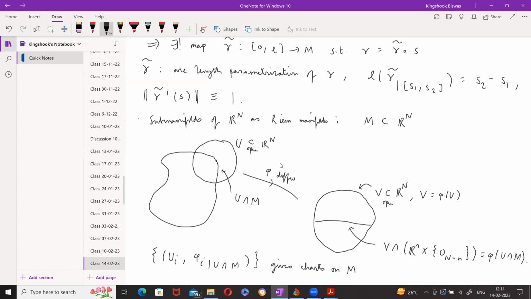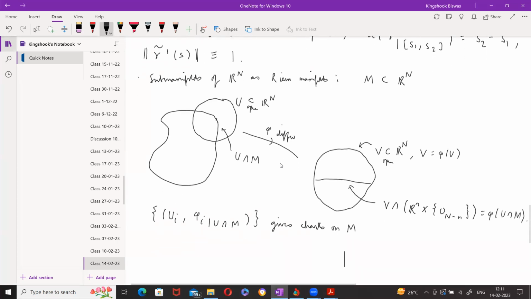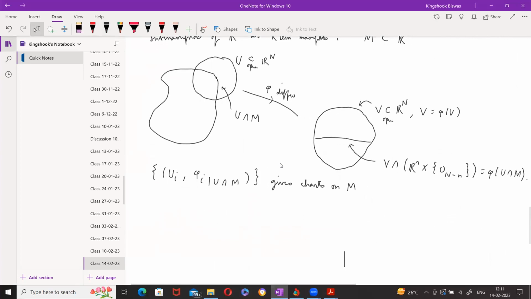I'll leave it to you to check that. So this gives charts on M. So M is also an n manifold.